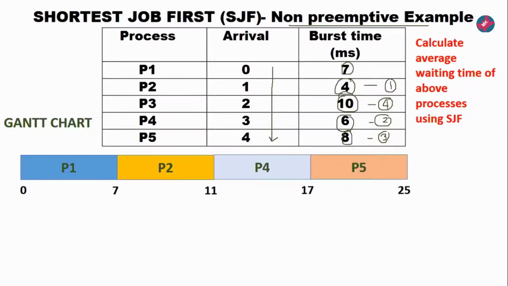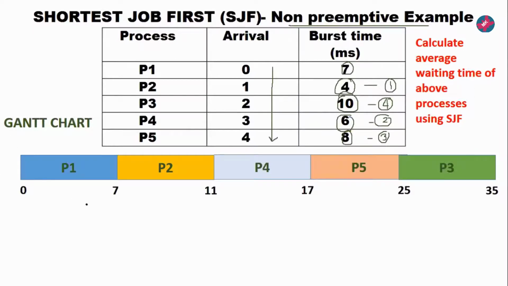After that, P5 will be executed with 8 milliseconds as CPU burst, so 17 plus 8, 25. And the last is P3 with 10 milliseconds. This is how the Gantt chart will be drawn for this shortest job first non-preemptive approach.